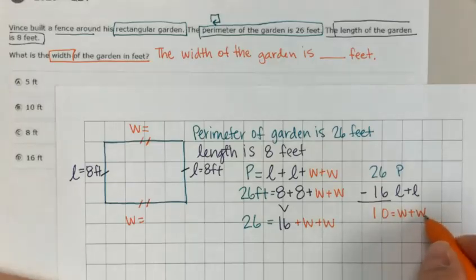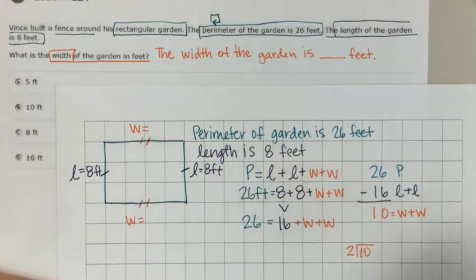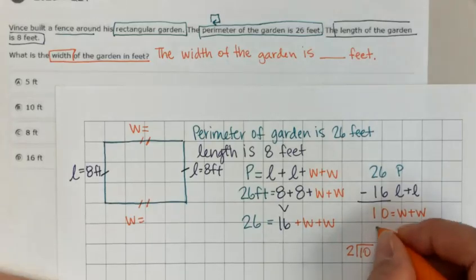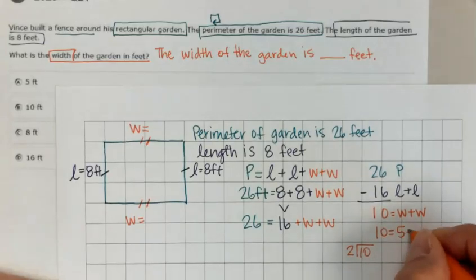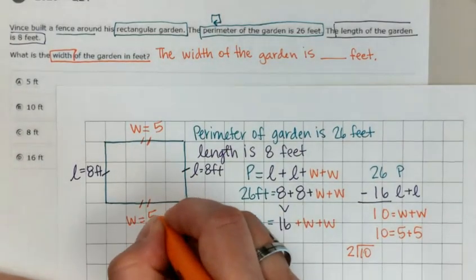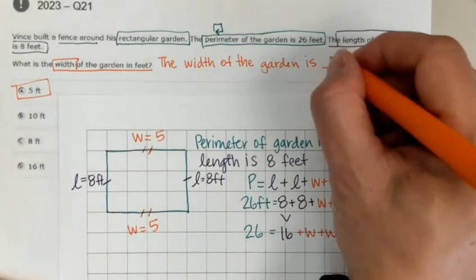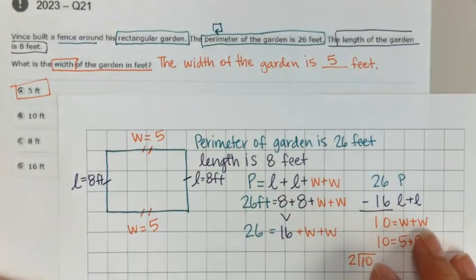I have two widths and I know a total. So I can either divide 10 by 2, or 10's kind of an easy number for me to look at, and I know that I can make 10 by adding 5 and 5. So my width is 5. So the width of the garden is 5 feet.